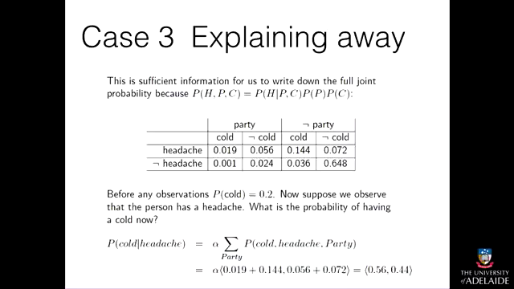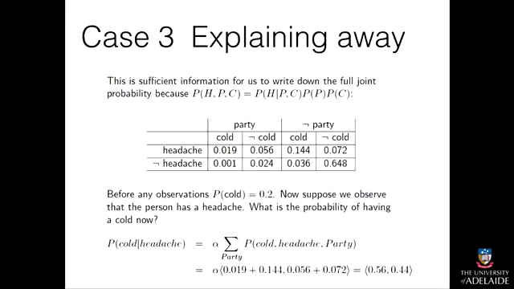Maybe I can just write here. So P(cold | headache) is proportional to P(cold, headache).